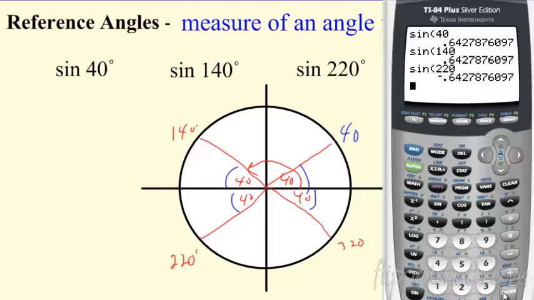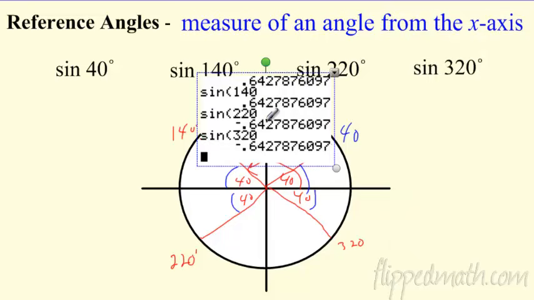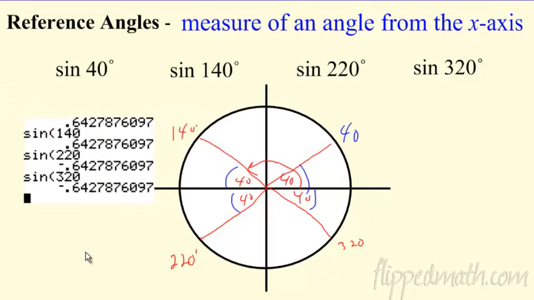Any guesses here? It just added the negative, and then we had the sine of 320. So really, these reference angles all have that same trig ratio. In this case, it's this crazy decimal, but it's always the same. The sign may change because of the negative quadrant, but it has the same sine trig ratio.